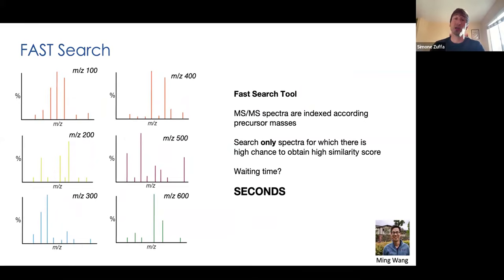This was a major advancement compared to the previous tools, because it was taking around 20 minutes to search for one single MS/MS spectrum against our repository. So now we have a lot of data and we can quickly search through it.